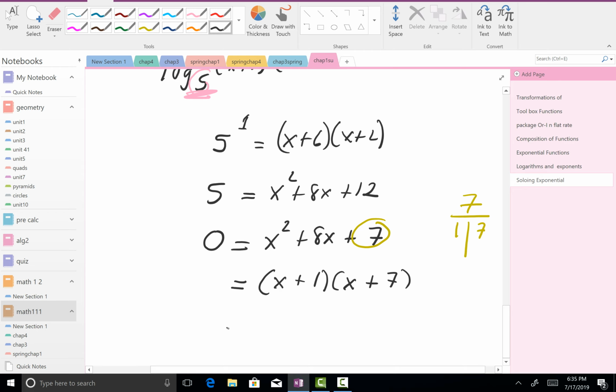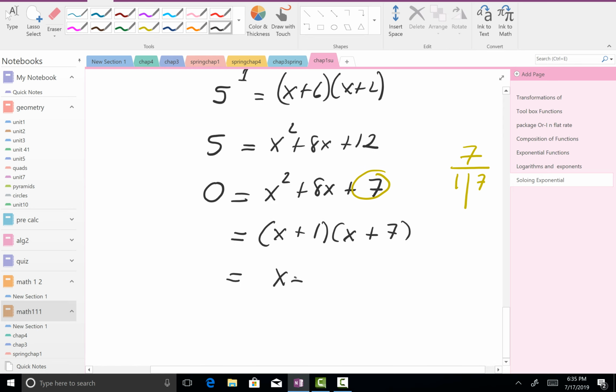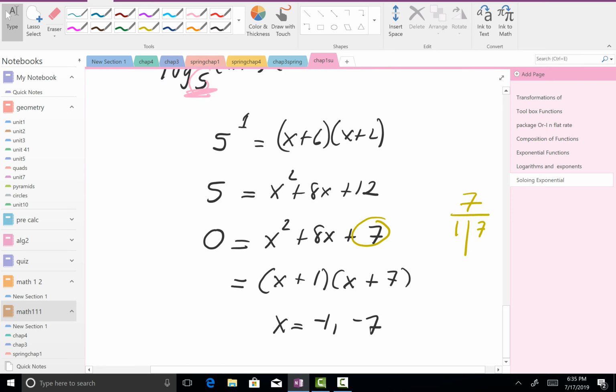So that means x is going to be -1 or -7. Chances are one of these isn't going to work because I have two negatives, and I get a little concerned that I can't take the log of a negative.